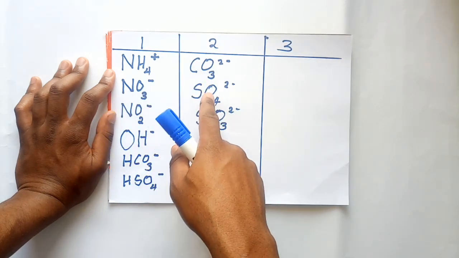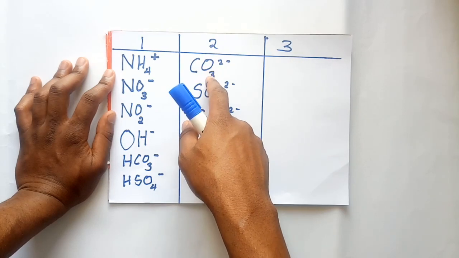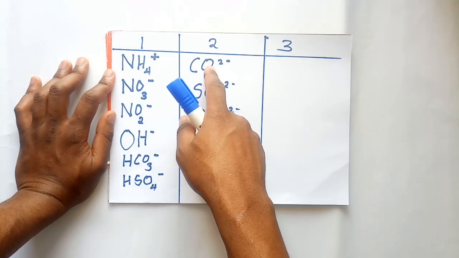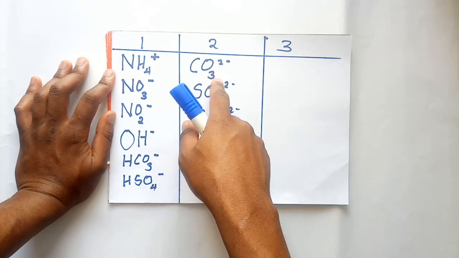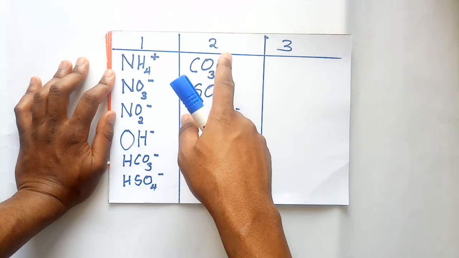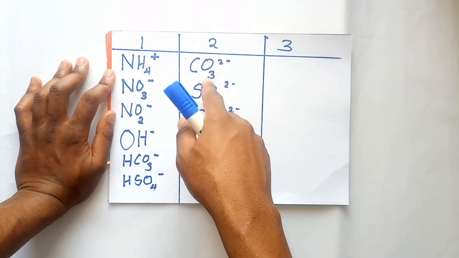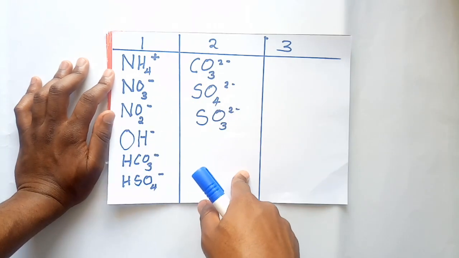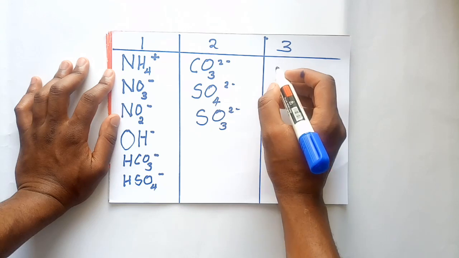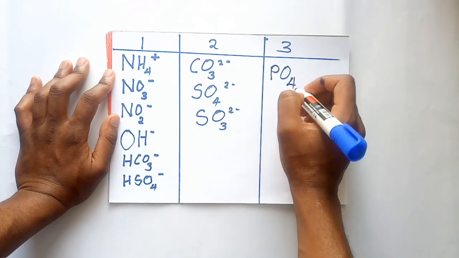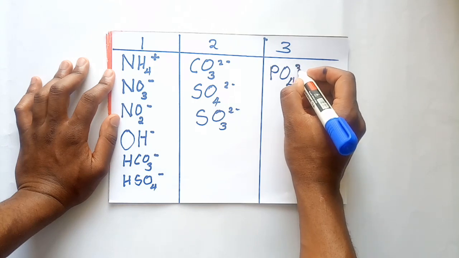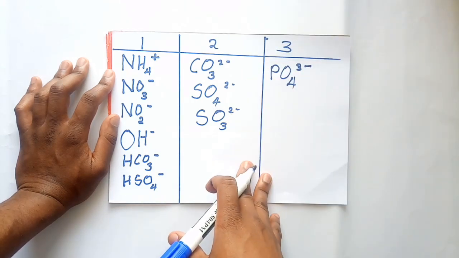Again, if I don't include 3 here, if my oxygen atoms are not 3, that is not a carbonate, because for a carbonate, remember I said they react as a unit, a specific number of atoms or group of atoms. Then the other one is phosphate with 3 negative.